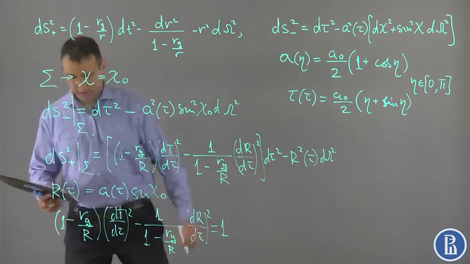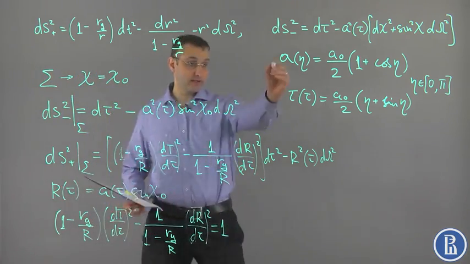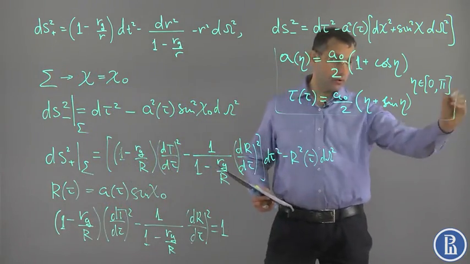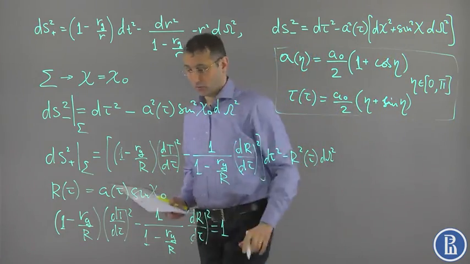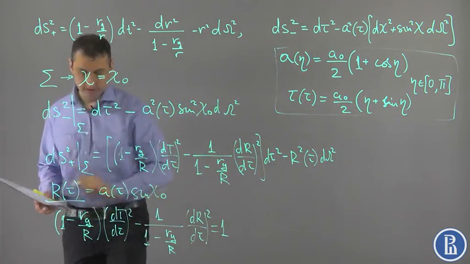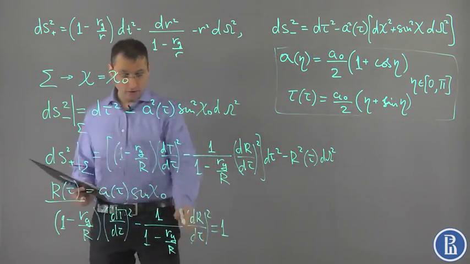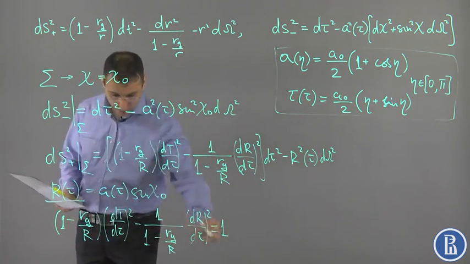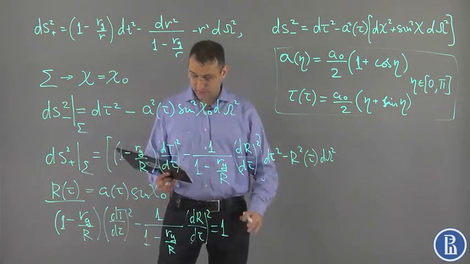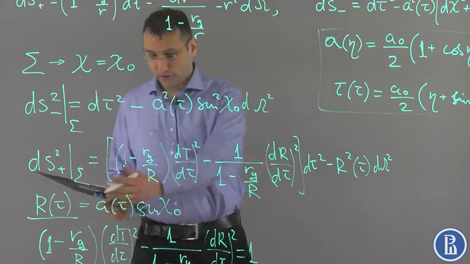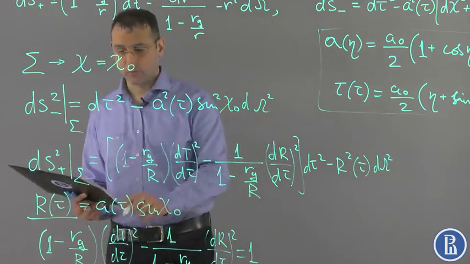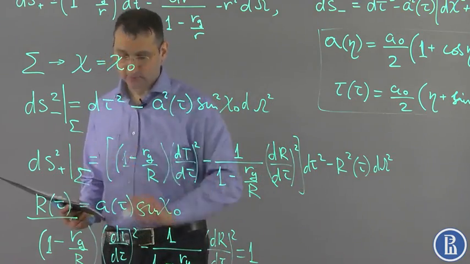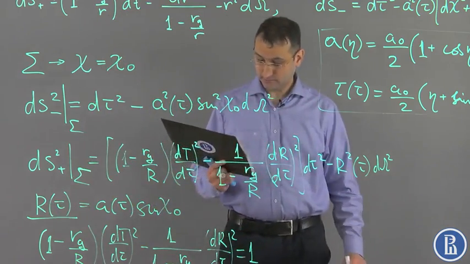So these are the relations. Basically, knowing this, we know r of t, and knowing r of t from this equation, we can find t of tau. This way we will find the world volume of the surface sigma.